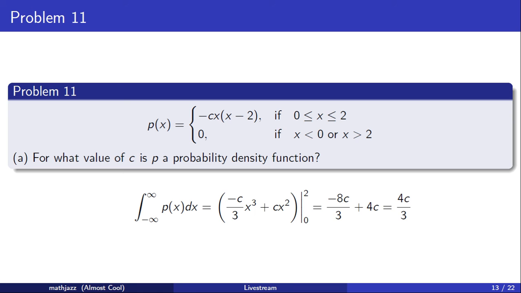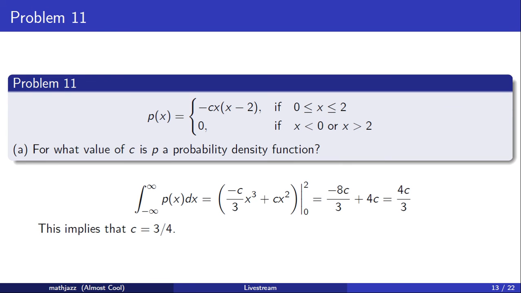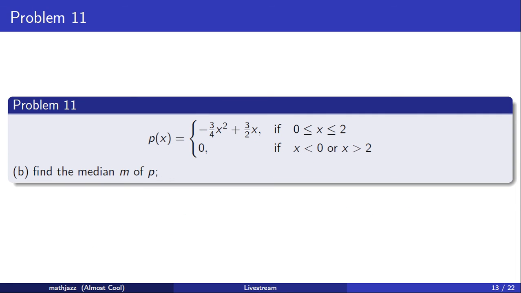And we get that the area under the curve is 4/3 of c. Well, we want this area to equal 1, so c has to equal 3/4 for that to happen. So c is 3/4. Okay, so if c is 3/4, then we can update our probability function by plugging c in and multiplying everything out. And I think I did that right.